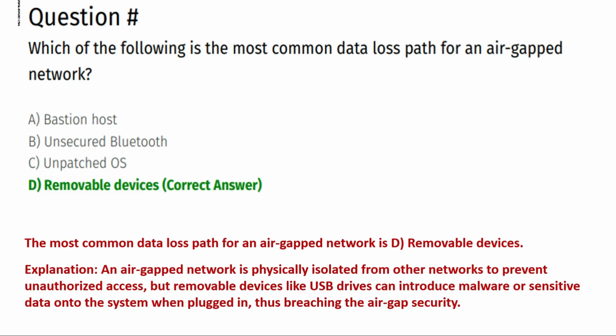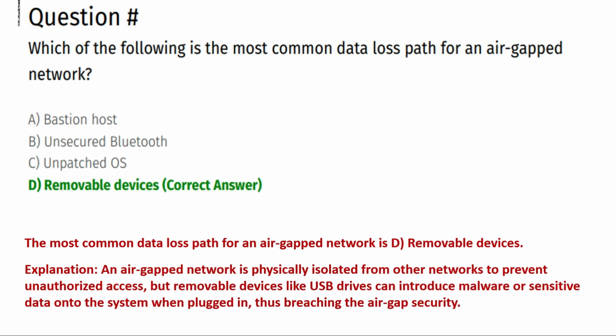An air gap network is physically isolated from other networks to prevent unauthorized access, but removable devices like USB drives can introduce malware or sensitive data onto the system when plugged in, thus breaching the air gap security. So that's why the correct answer for this question is option D, removable devices.